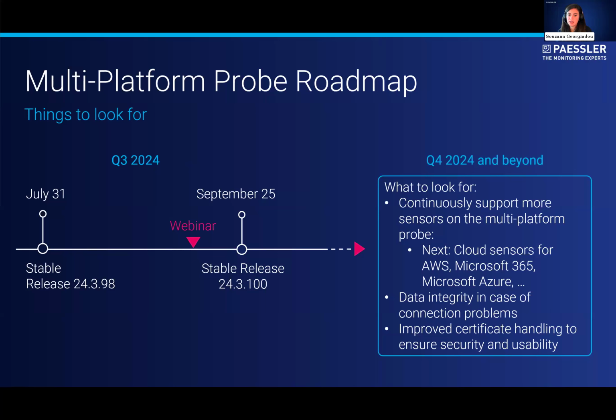After that, the next thing we're going to work on is what we call data integrity in case of connection problems, which means if there's a downtime or connection loss, then data is still collected and you can access it once connection is established again for the multi-platform probe.